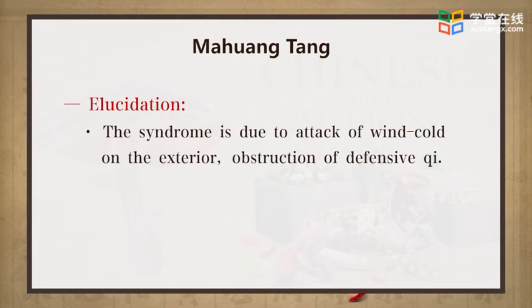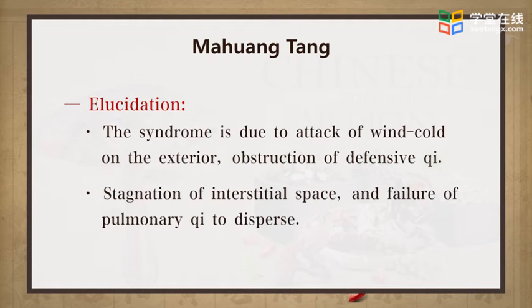The syndrome is due to attack of wind cold on the exterior, obstruction of defensive qi, stagnation of interstitial space, and failure of pulmonary qi to disperse.